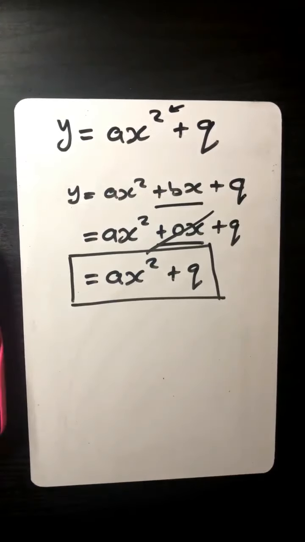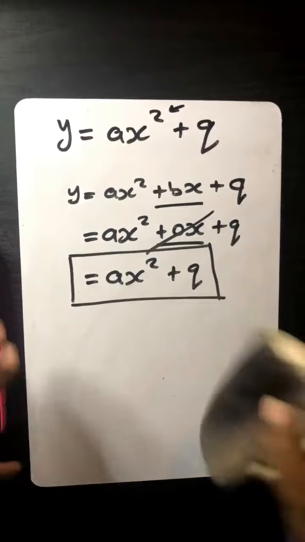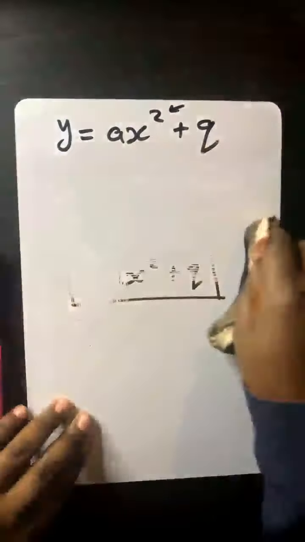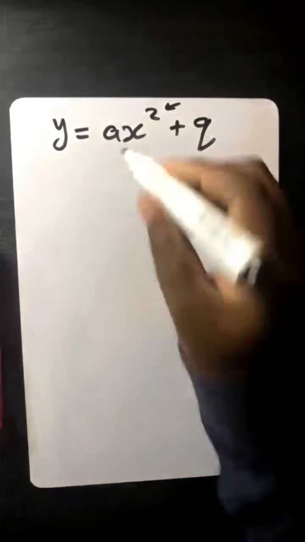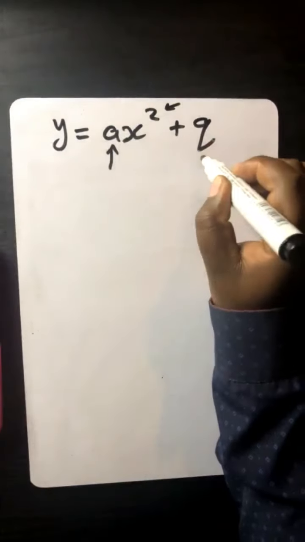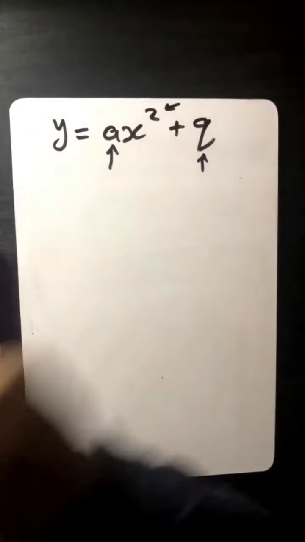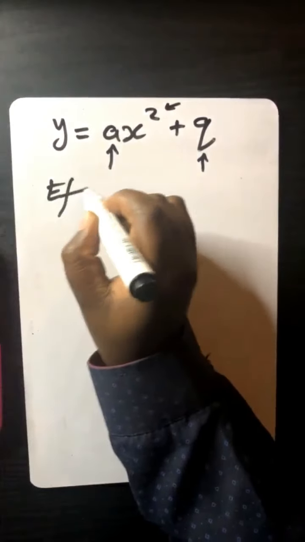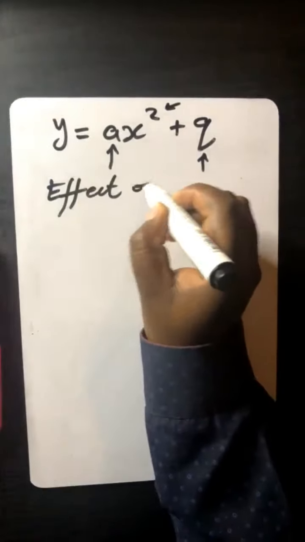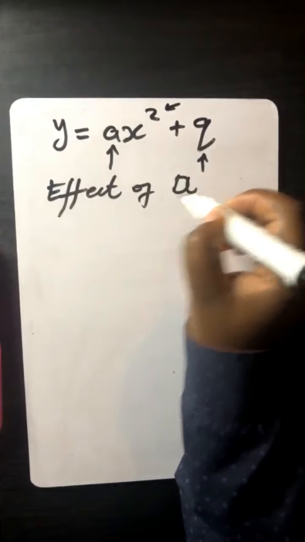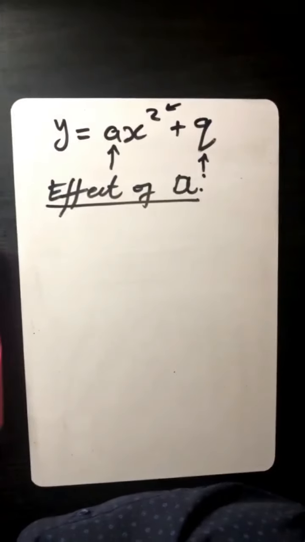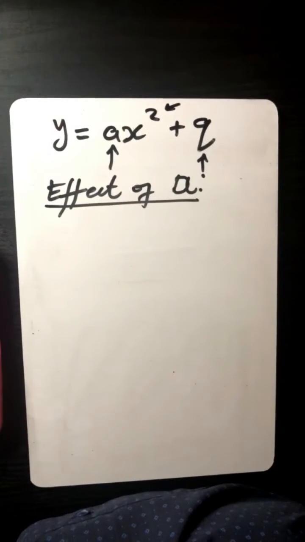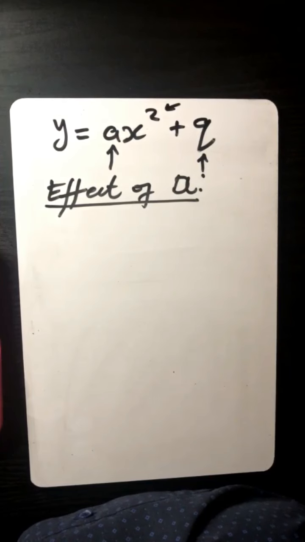So that screenshot talks more about the effect of a and the effect of q. The first part focuses on the effect of a. I'm 100% sure, Shreyas, that even by yourself, you can understand the impacts of a.